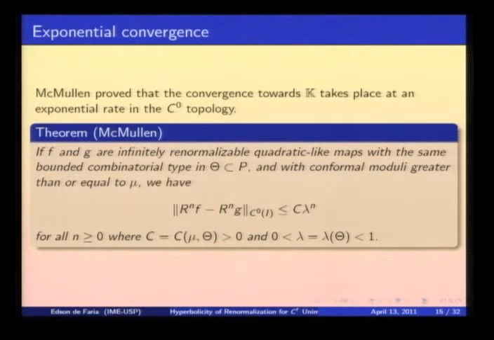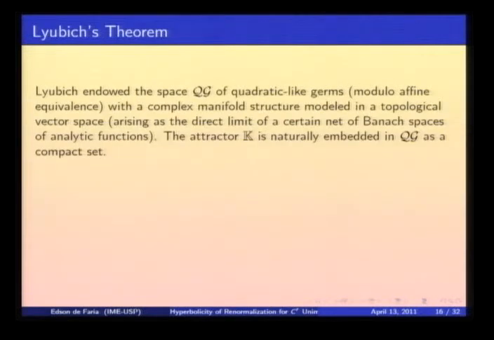The constant that you put in front may depend on the conformal modulus. So this is McMullen's theorem, and it was important in Lyubich's theorem.